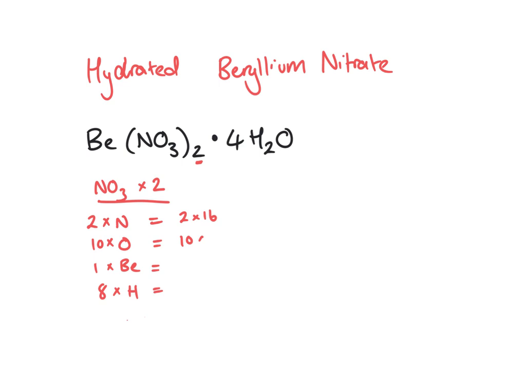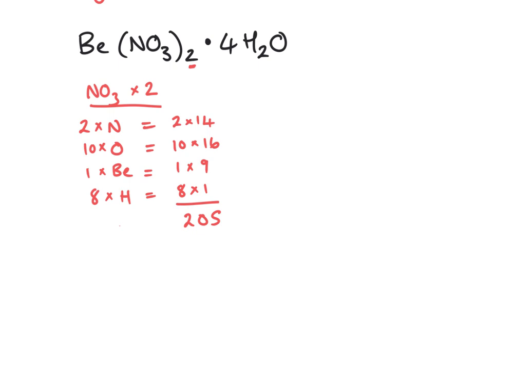Oxygen is 16 from the periodic table. Beryllium is 9, and hydrogen is 1. So I'm just going to quickly add those up and get to our total. And when I add all those up together, I get the MR of that compound to be 205.